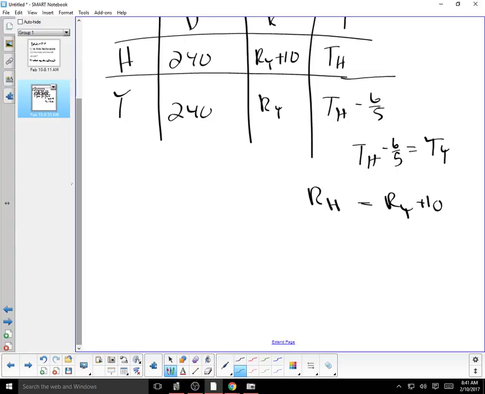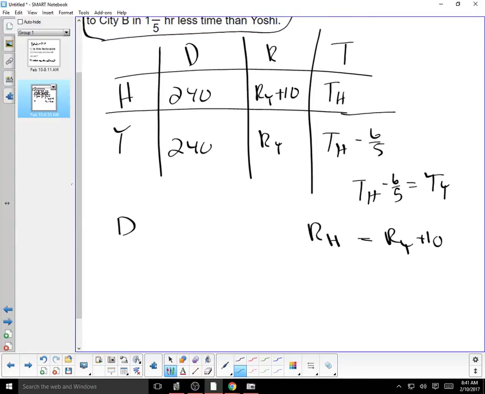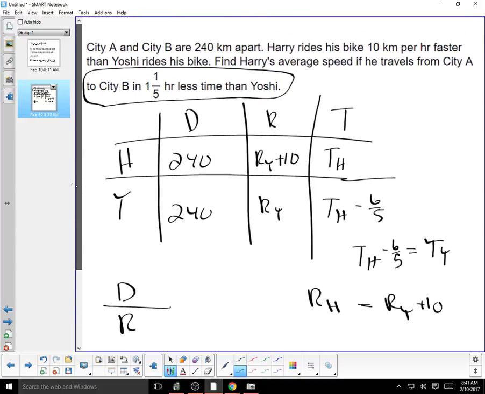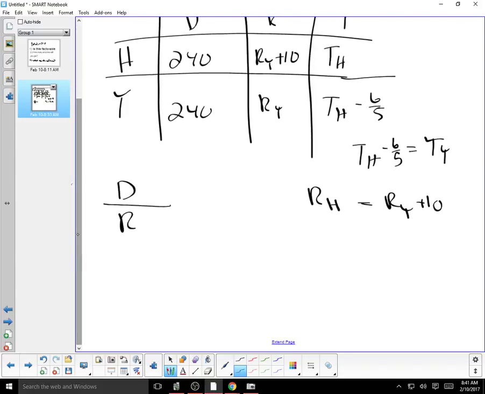Okay, so they're traveling a distance over a rate. That would be time.